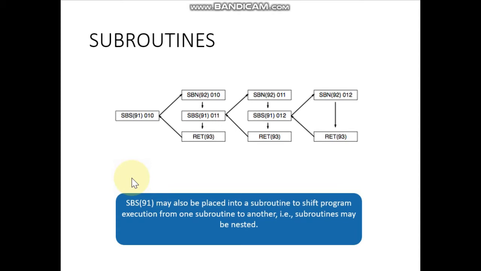So when, for example, you call 010, or you activate the execution to 010, then it will straight away go to that subroutine. Inside that subroutine, it has also a call to another subroutine.